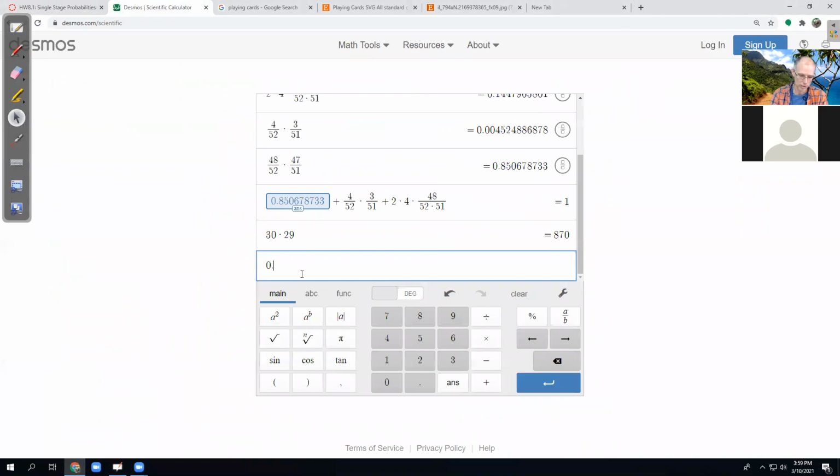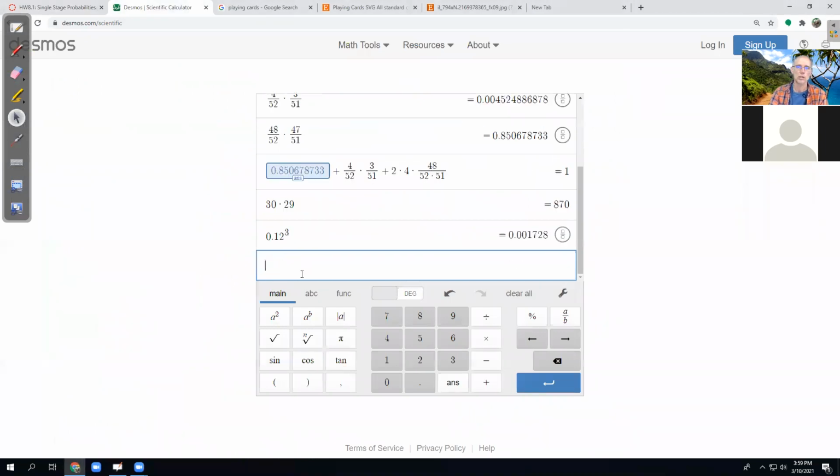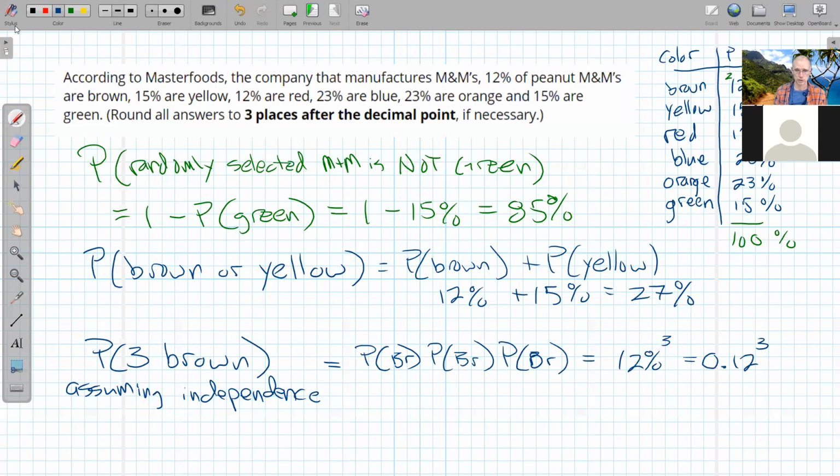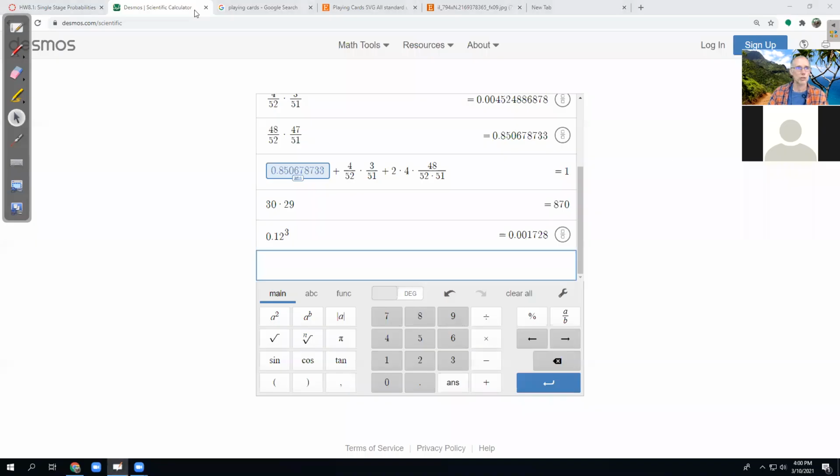Calculator. There's a pretty small probability, so 0.01728. So less than a 1% chance of happening. That is a decimal, not a percentage. So that would be an appropriate answer we can type in. All right, next one.